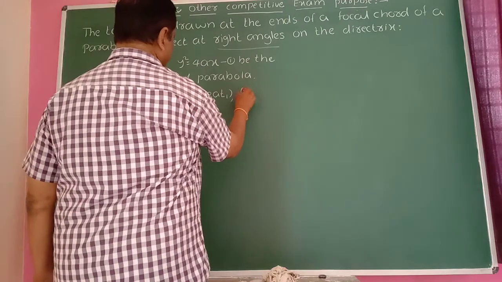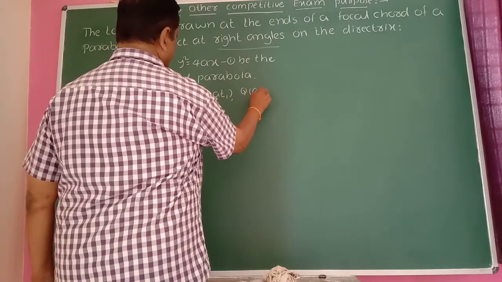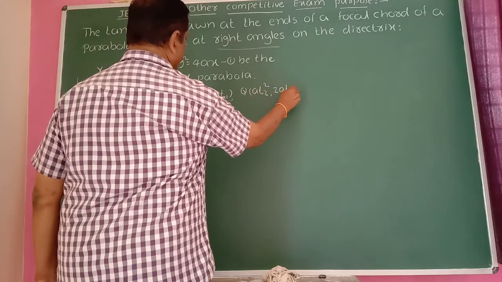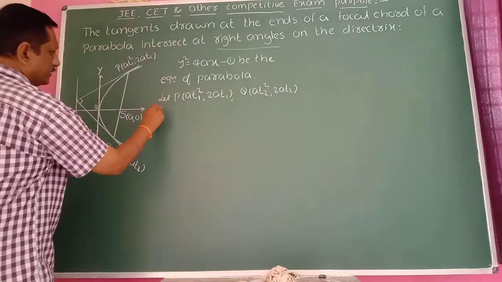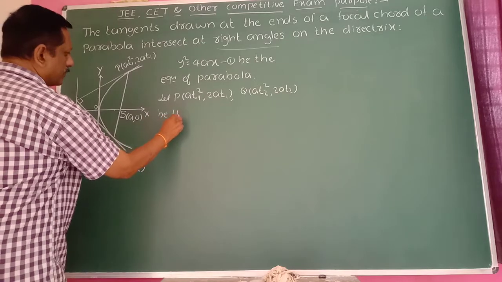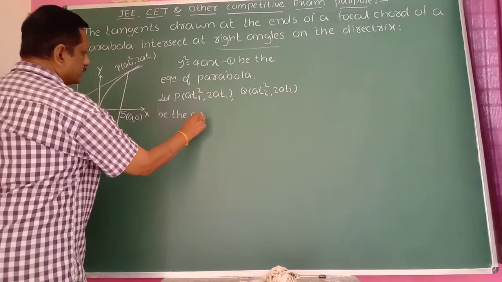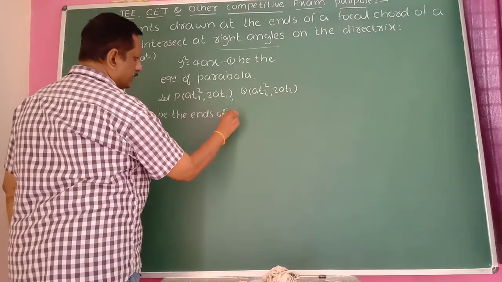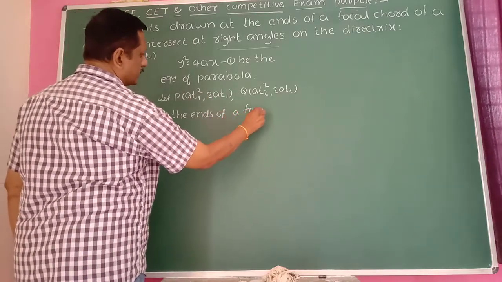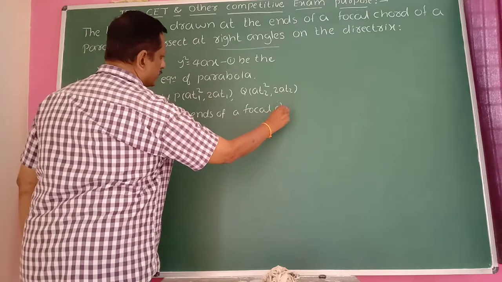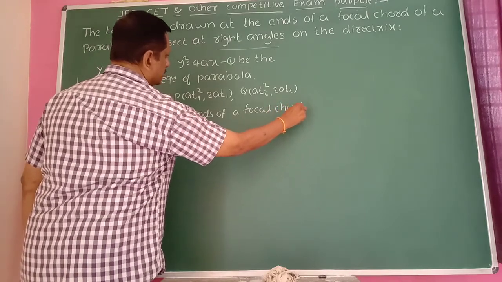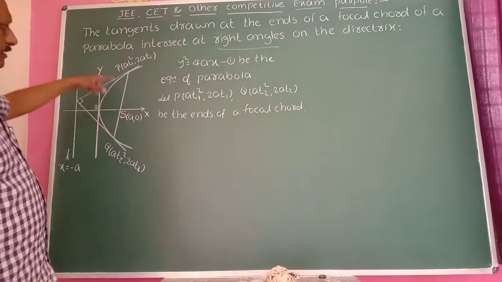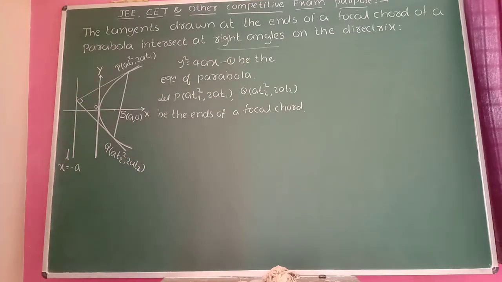P and Q are the ends of a focal chord here. A line passing through the focus S is called a focal chord. So P and Q are ends of the focal chord.